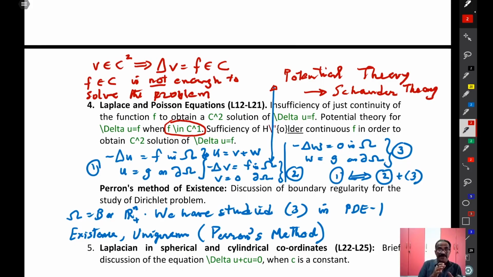But when you take the second derivative, which is more important because you are interested in taking the Laplacian of phi, it involves second derivatives, and the second derivatives are not locally integrable. This causes trouble. So this extra regularity on the functions is precisely to take care of the non-integrability of the second derivative of the fundamental solution. These things will be discussed in one part on Laplace and Poisson equations.